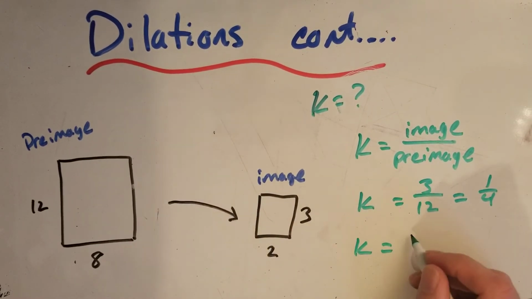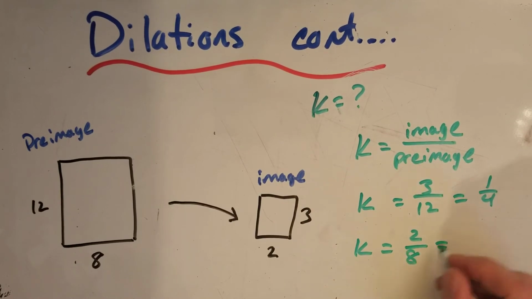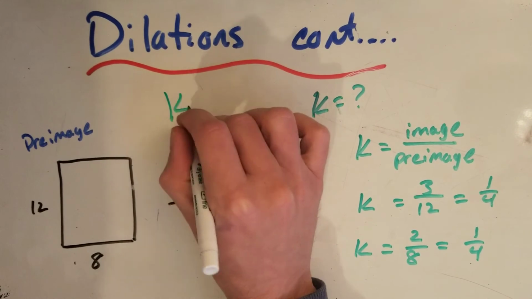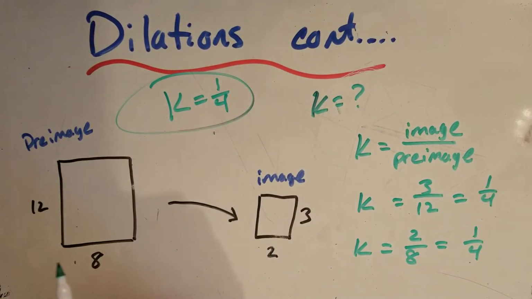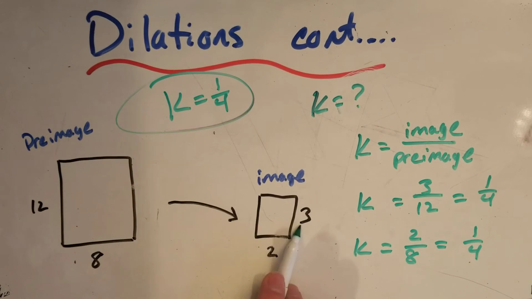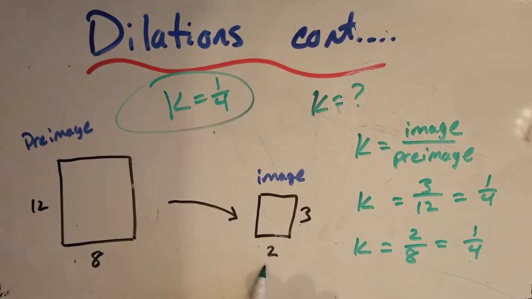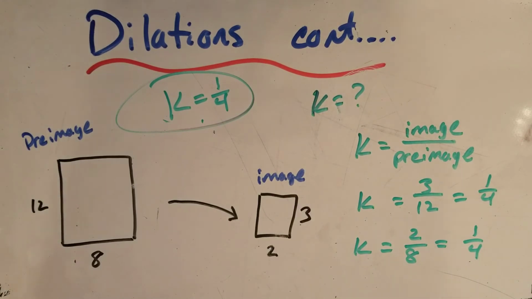Or if you use the 2, you match the 2 up with the 8, so 2 divided by 8, when you reduce that, you get 1/4. So Blake's scale factor would have to be 1/4 to reduce the 12 by 8 to a 3 by 2. If you multiply 12 by 1/4, you get the 3. If you multiply 8 by 1/4, you get the 2. So this is your scale factor to get Blake's photo down to a 2 by 3 inch.